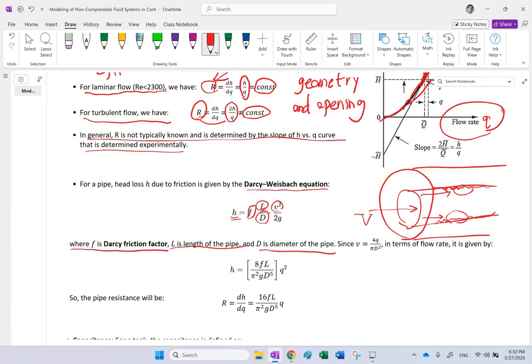Of course, the rougher this inner surface is, the bigger that F is going to be. And that F has to be determined experimentally again.